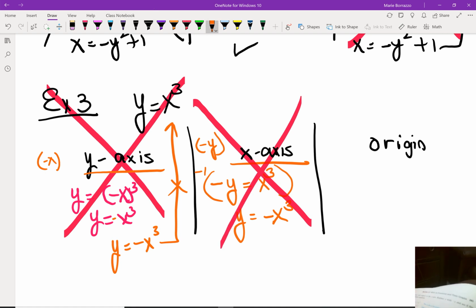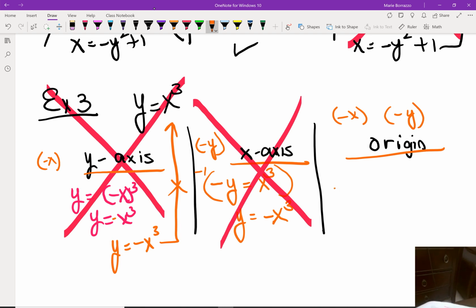So in this case, this is also not symmetric with respect to the x-axis. So now we apply the origin. In the origin, we do both the x and the y values with their opposite. Remember, I happen to be using negative because I'm assuming the variables are positive initially, which they are. So in our case, we're going to have negative y is equal to negative x to the third power.